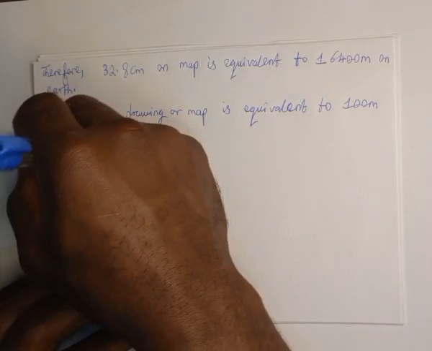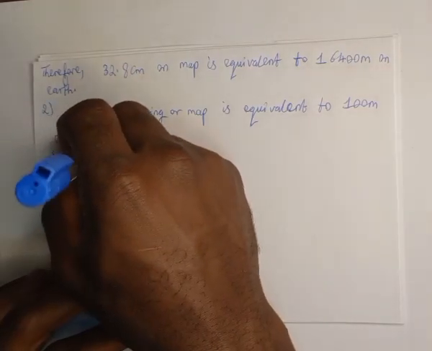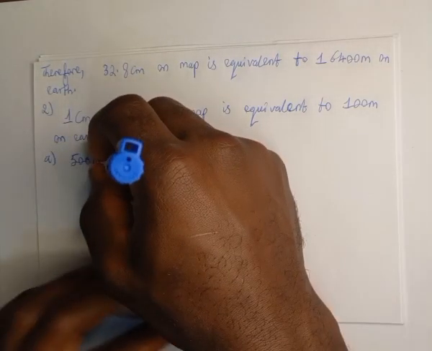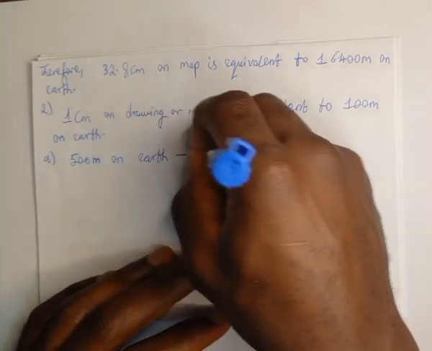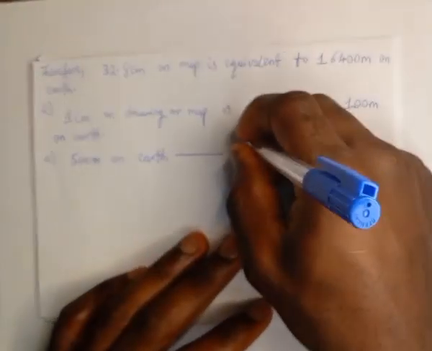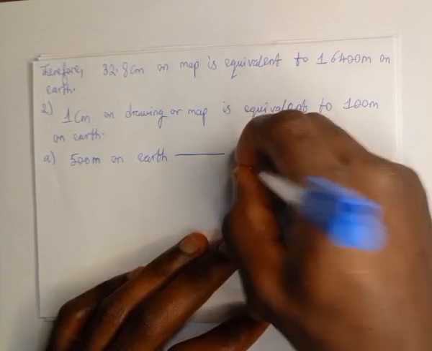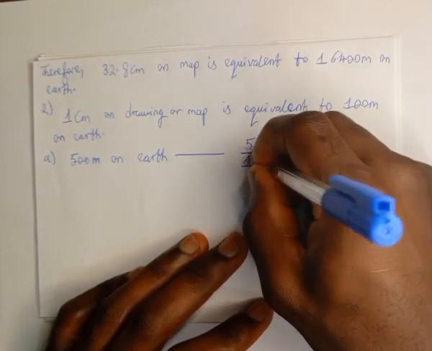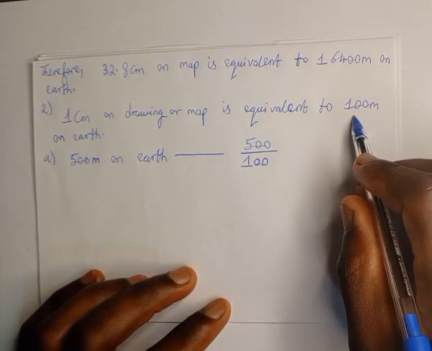Now we have to find the length represented by 500 meters on the map. Take 500 meters on Earth. It will simply be equivalent to 500 divided by 100, because we are finding the length represented by 500 meters on the map. So we have to divide by 100.